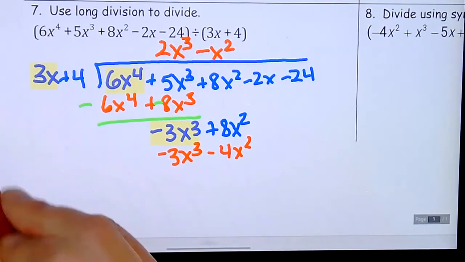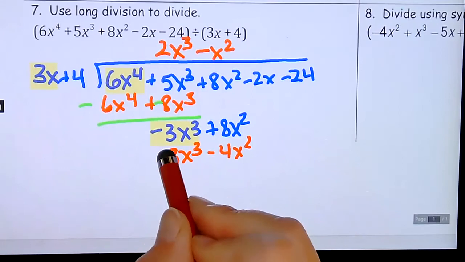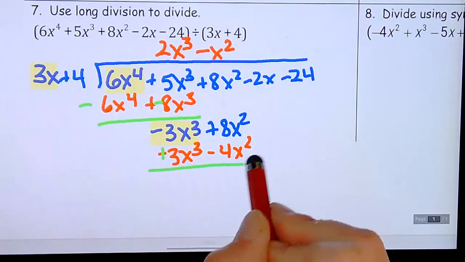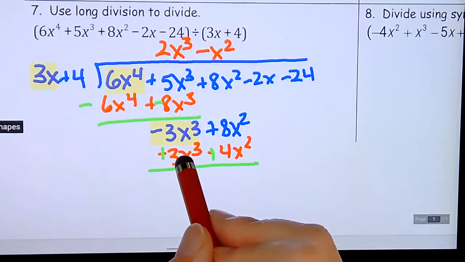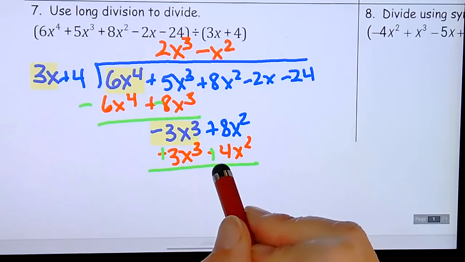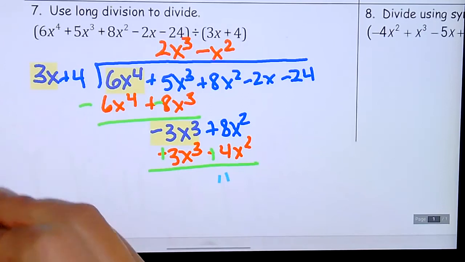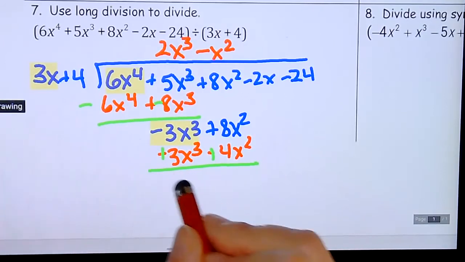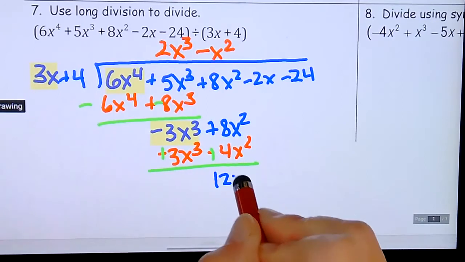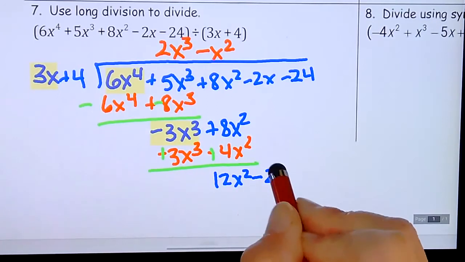And again, I'm going to subtract, so that means I'm going to change the sign. This is going to become a plus, and then I'm going to combine. Those cancel. I end up with a 12x squared. I bring down my minus 2x.